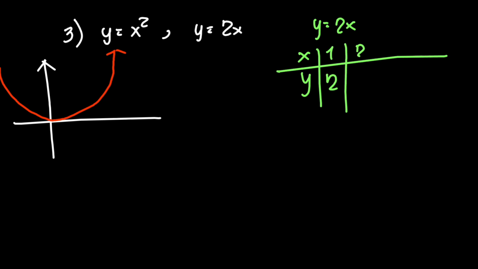If x right here would be 2, y right here would be 4. And if x right here would be equal to 3, y right here would be equal to 6. So let us plot this. So this would be 1, 2. Let's just estimate this. And if x is 0, y also is 0. So this would be in here.